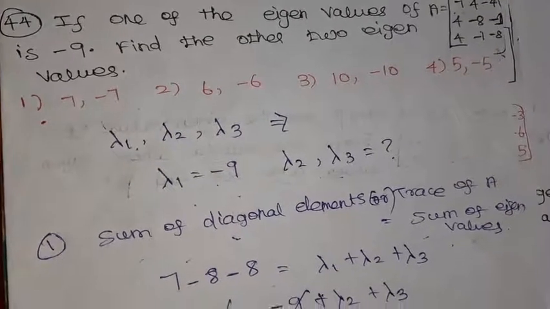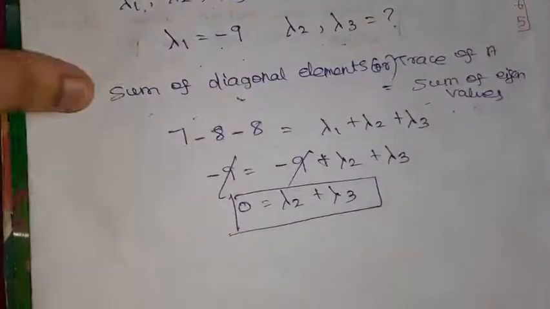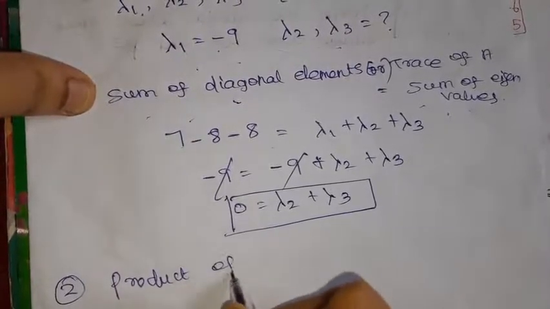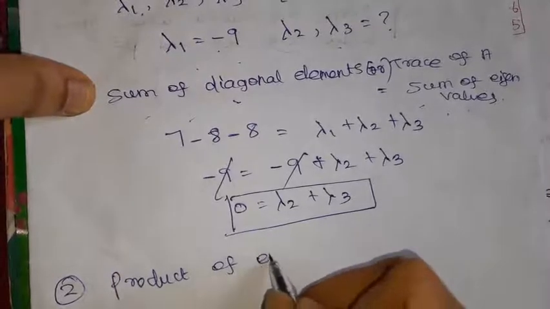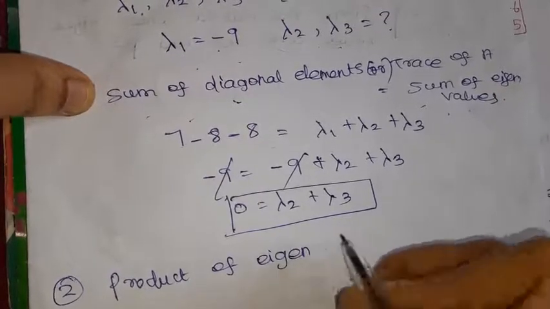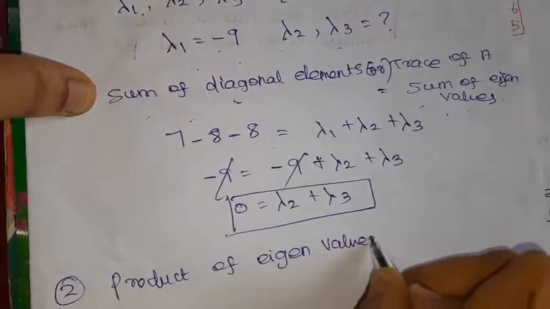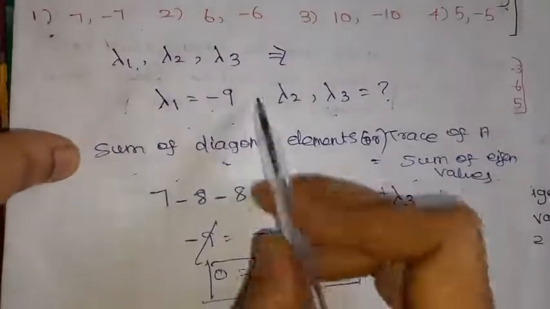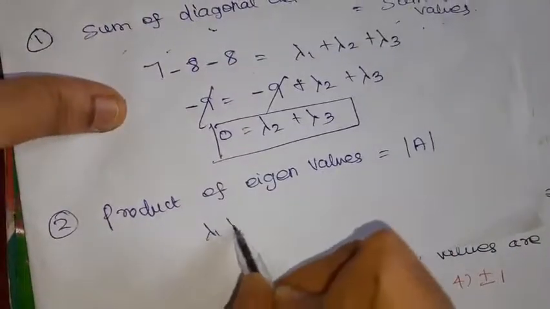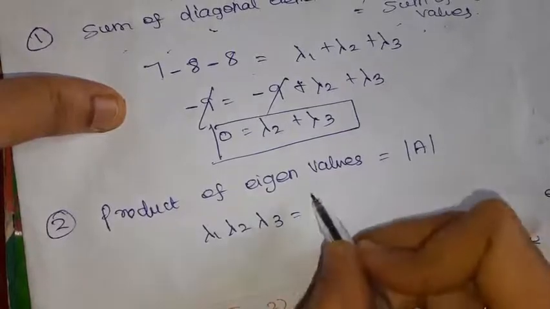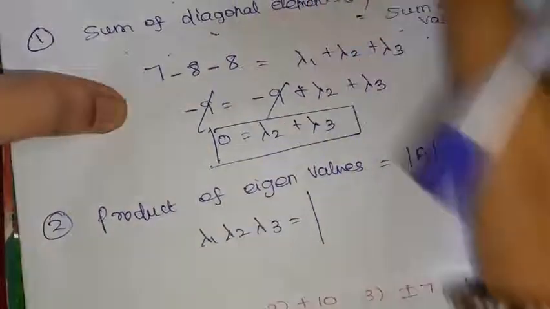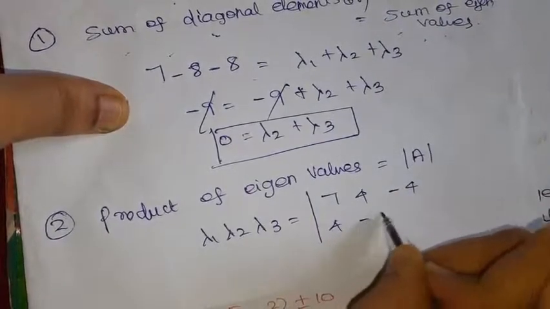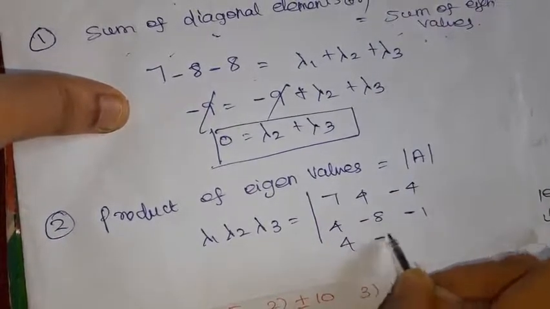So we will use one more property: the product of eigenvalues is equal to the determinant of A. That means lambda 1 times lambda 2 times lambda 3 should equal the determinant of the given matrix. I am copying the matrix 7, 4, minus 4; 4, minus 8, minus 1; minus 4, minus 1, minus 8.